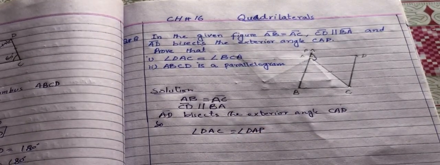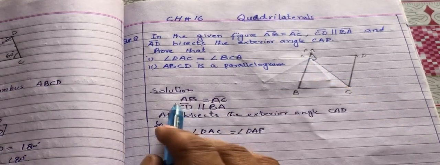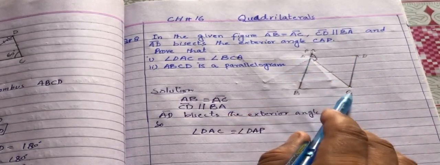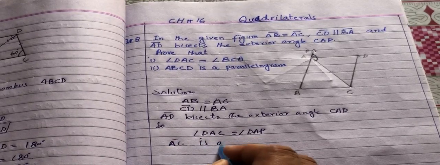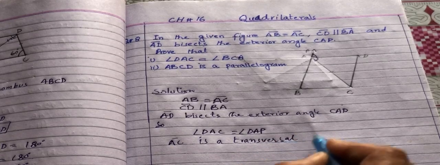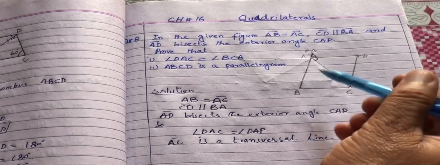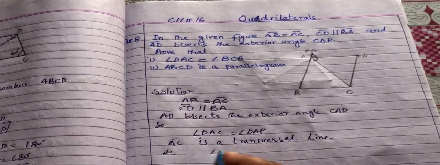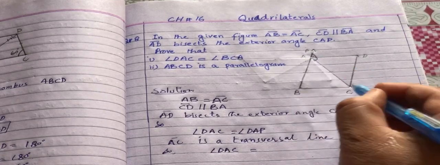So in the given figure, as we know that CD is parallel to BA and this line AC is a transversal line, so the given angle DAC is equal to angle BCA.